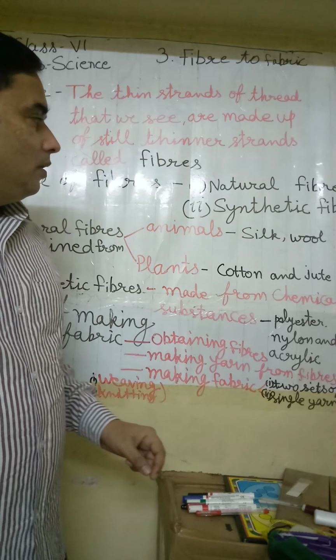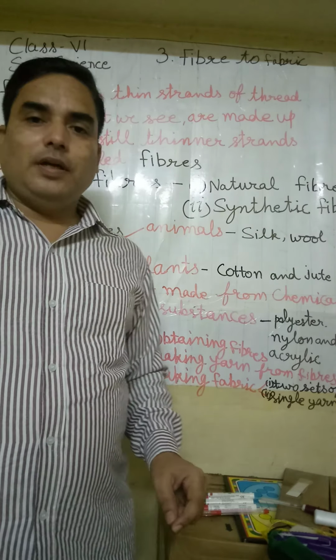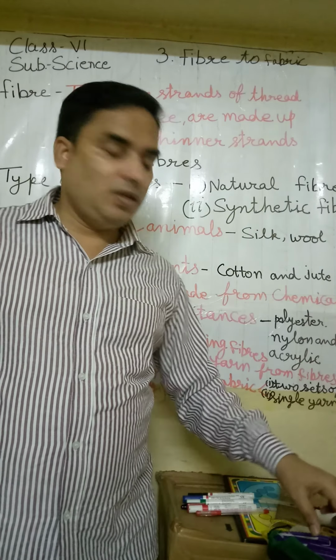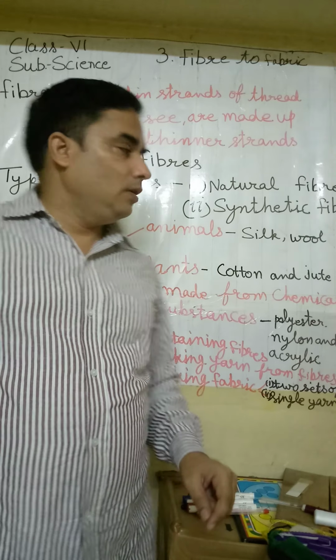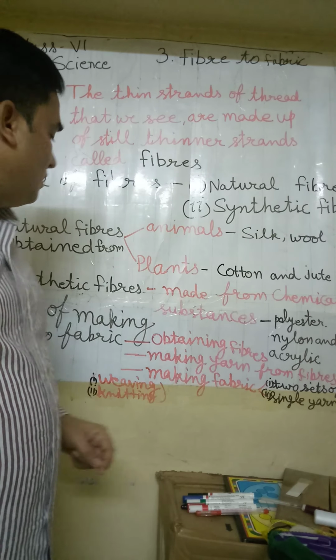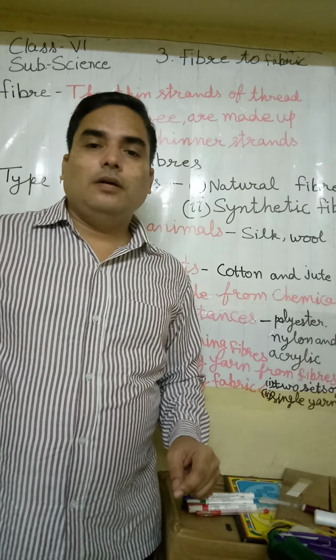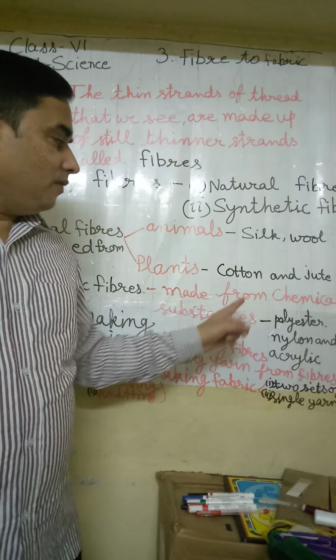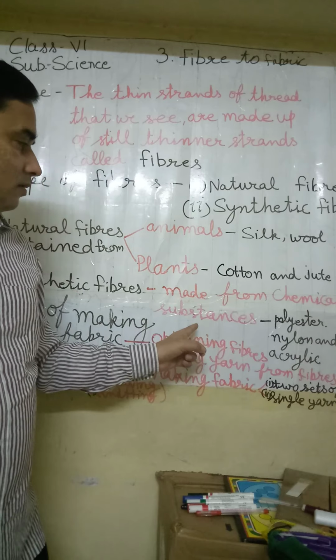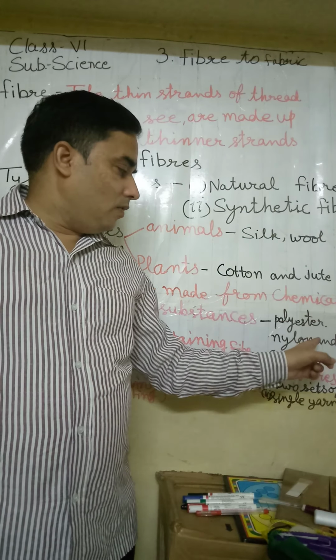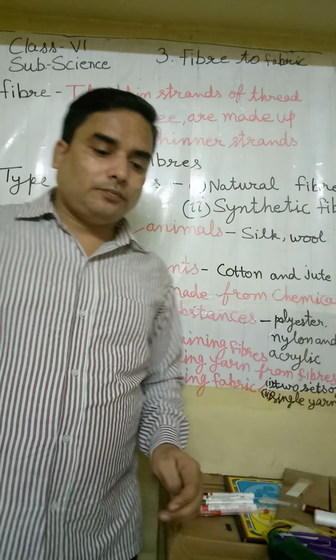And the wool we get from sheep and goat hair. So those are called animal fibers. And synthetic fibers are made by the use of chemical substances, like polyester, nylon and acrylic.